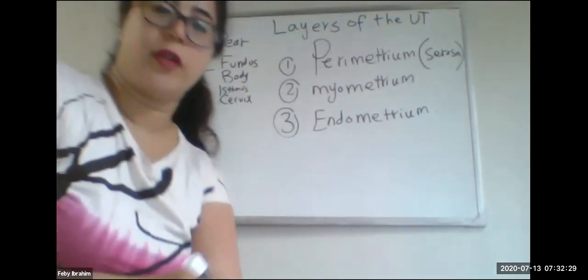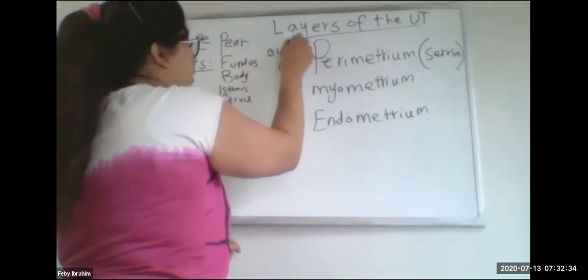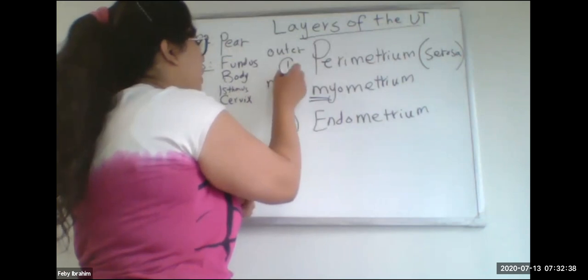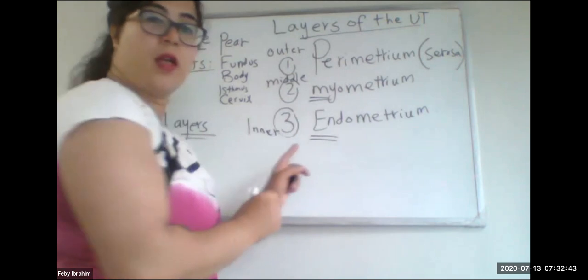So the perimetrium is the outer layer, the myometrium, MM, is the middle layer, and the endometrium is the inner layer.